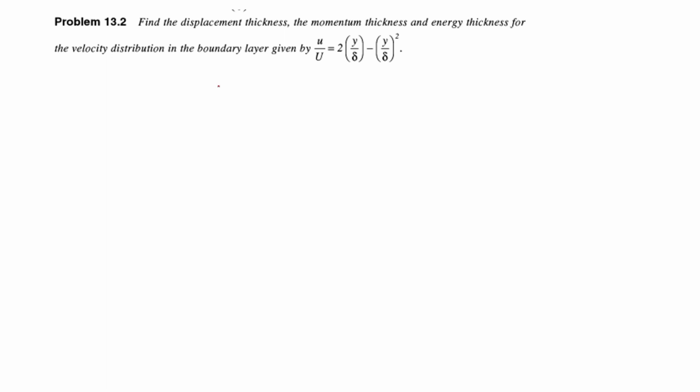Let us try to do a problem on displacement thickness, momentum thickness and energy thickness. So look at this problem. Here the velocity distribution in the boundary layer is given by u by capital U, that is u infinity, is equal to 2 into y by delta minus y by delta the whole square.